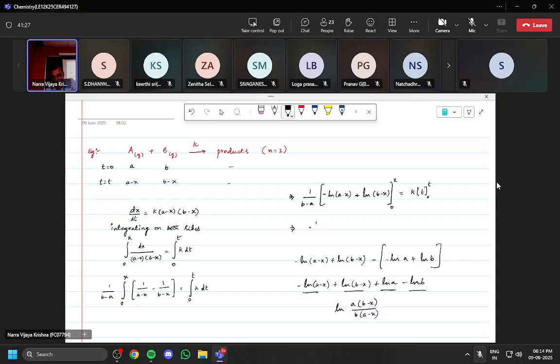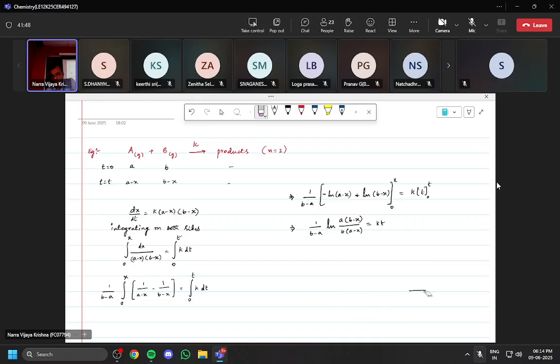That implies 1 upon b minus a, log of a(b minus x) upon b(a minus x) is equal to kt. Therefore, k equals 1 upon t(b minus a), log of a(b minus x) upon b(a minus x).